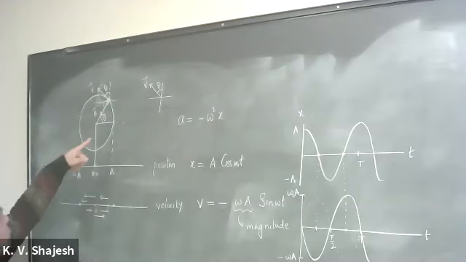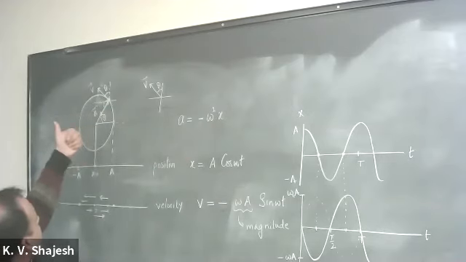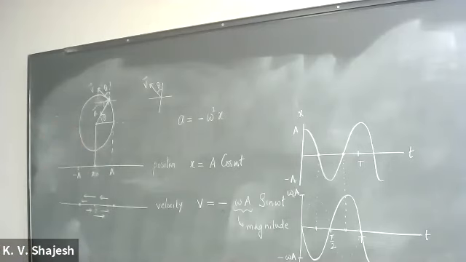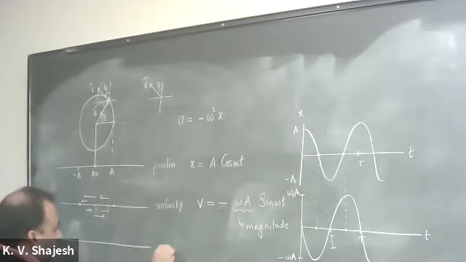Position is in the first quadrant, velocity is in the second quadrant, acceleration is in the third quadrant. So when you take the component of that, that will give you negative again. So again, this is your acceleration.